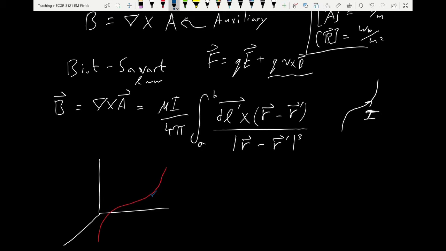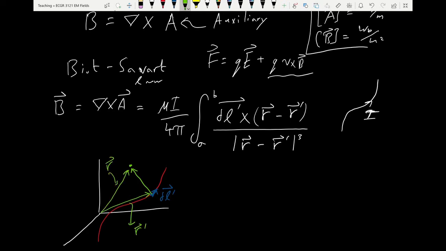I have the displacement, small displacement dl prime. I have the point in space, this is R prime.